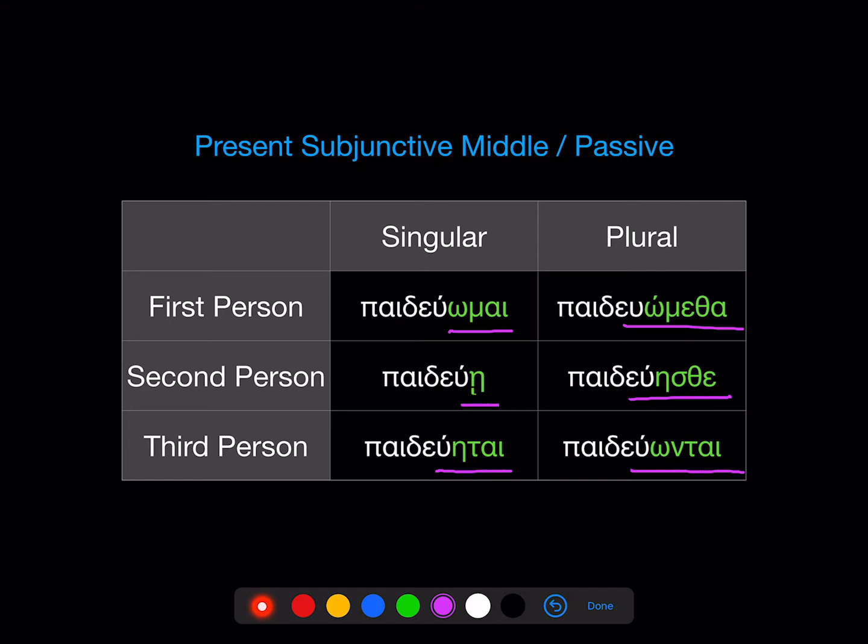Okay, so this looks just like one of the alternative forms for the second person singular indicative middle passive, and just like the third person singular of the present subjunctive active. So we're building up a lot of ambiguous forms now.